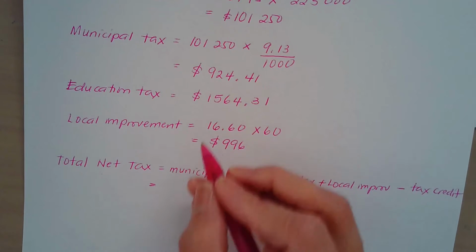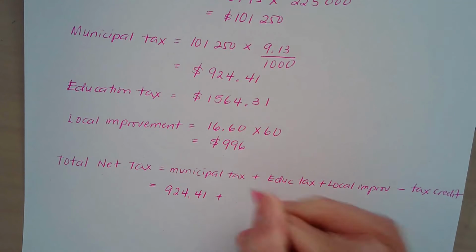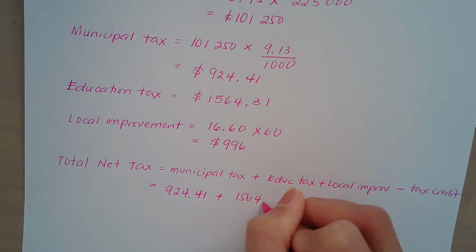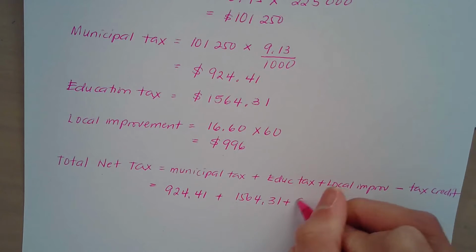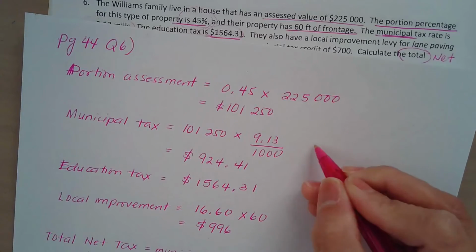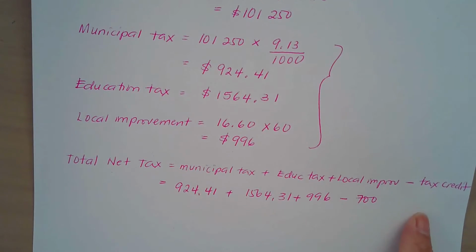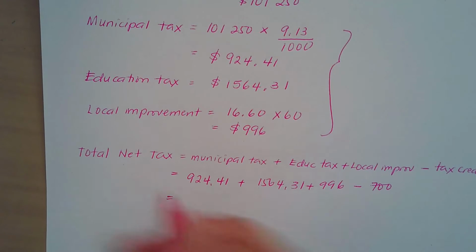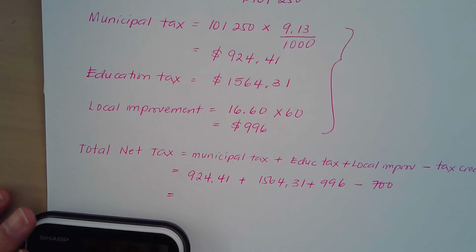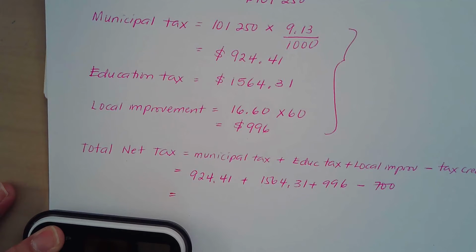Good. So let's put it together. 924.41 plus 1564.31 plus 996 minus 700. So basically we're adding all of these up and then minusing the tax credit. Okay, so let's do that. 924.41, 1564.31.